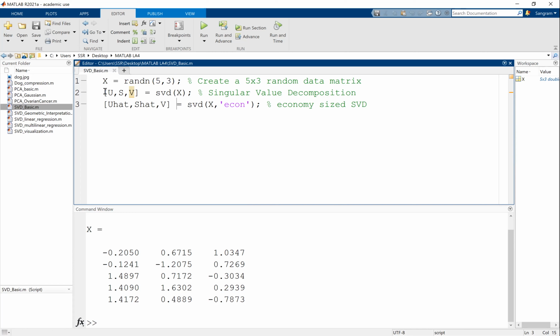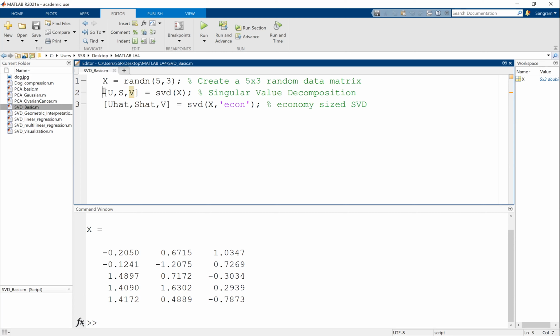SVD will have a left singular vector, the singular values, and then a right singular vector. So U stands for the left singular vector, S stands for the singular values, and V stands for the right singular vector.